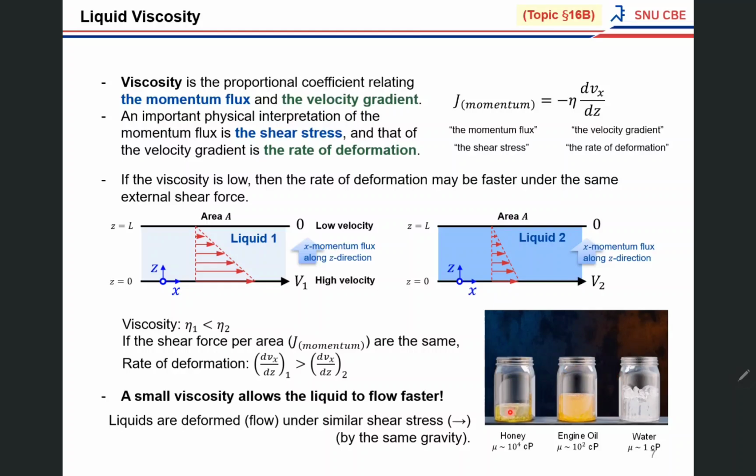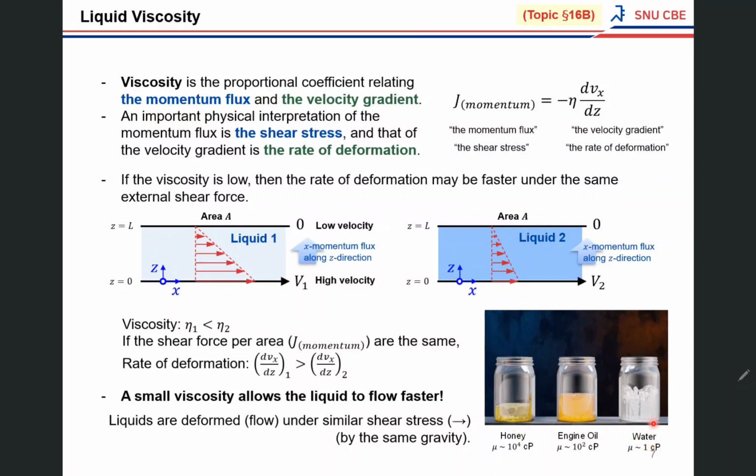Three different liquids are under similar shear stress because all of them are under the same gravity, and the densities of these liquids are not so different. So basically, the gravitational force which generates the shear stress on these liquid bodies is not really different, but due to the difference in the viscosity, the rate of deformation is very different.